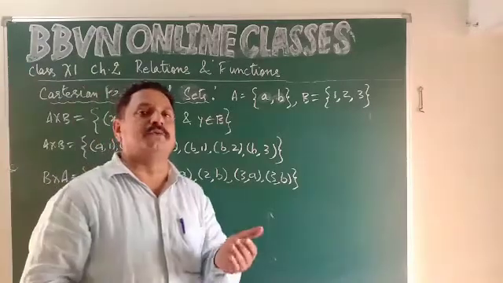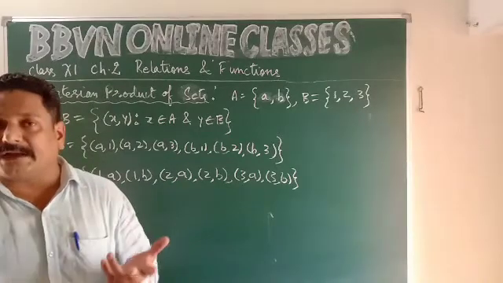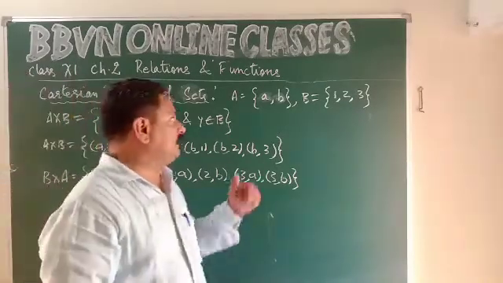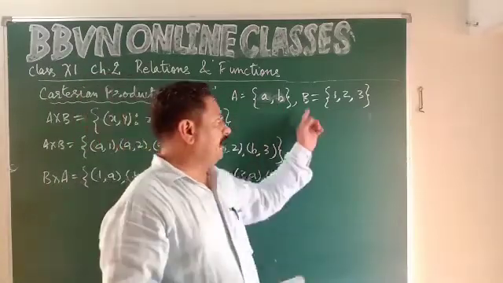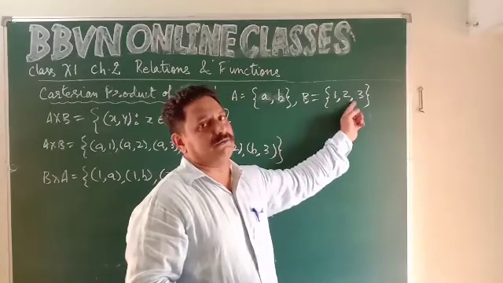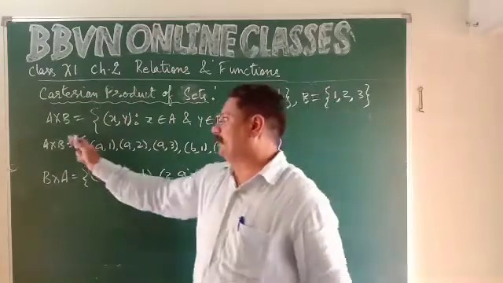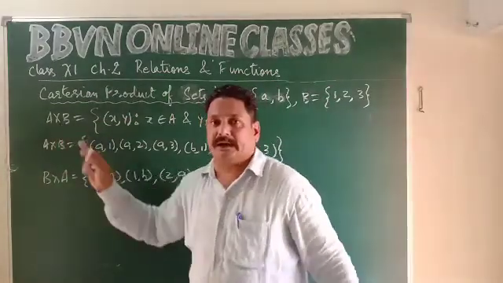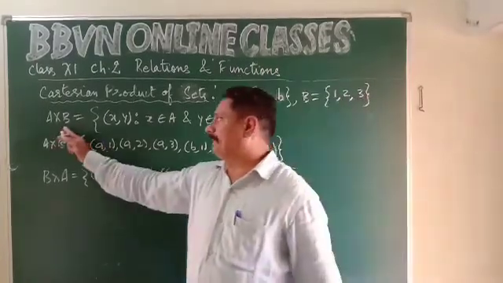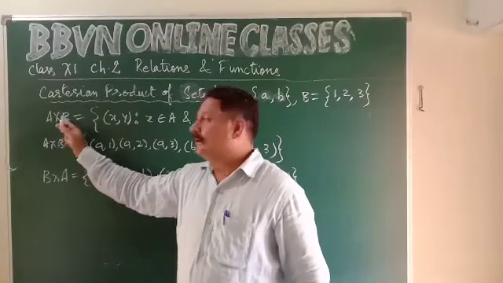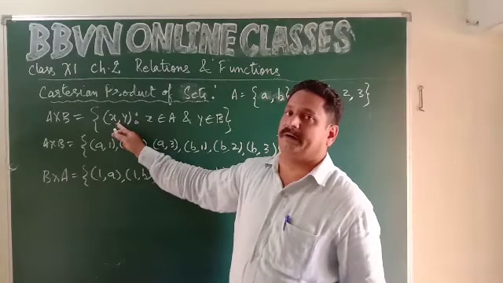If you have any two non-empty sets or more than two non-empty sets, what do we actually mean by the Cartesian product? Suppose I have set A which has two elements a and b. I have set B, it has three elements 1, 2 and 3. The Cartesian product of two sets A and B is always represented as A cross B. This is the set builder form, ordered pair x comma y.